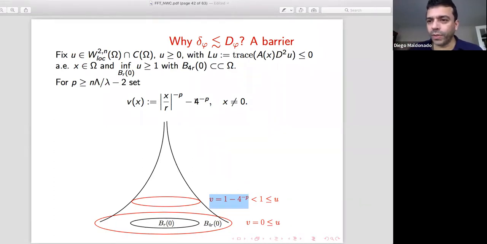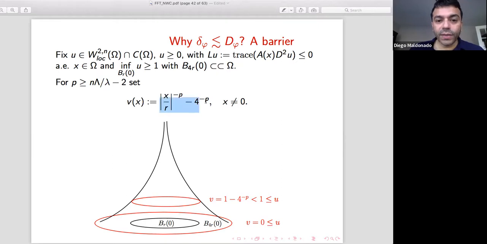P is to be chosen, okay? Which is smaller than 1, right? Which is smaller than the u, because by assumption, the infimum of u is bigger than 1. So we know that on the boundary of this ball BR, the v is underneath the u. And then what happens on the ball B4r?